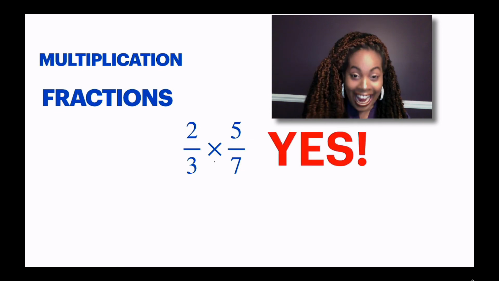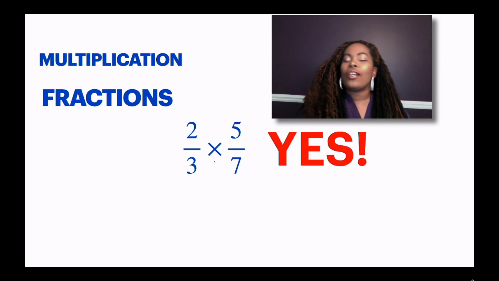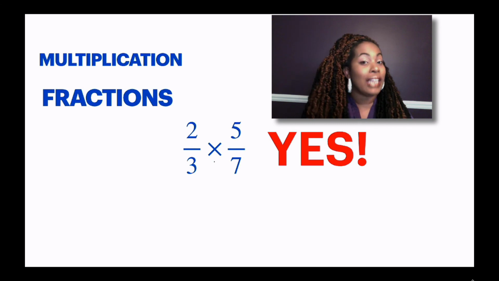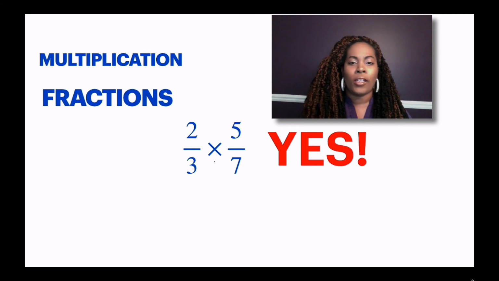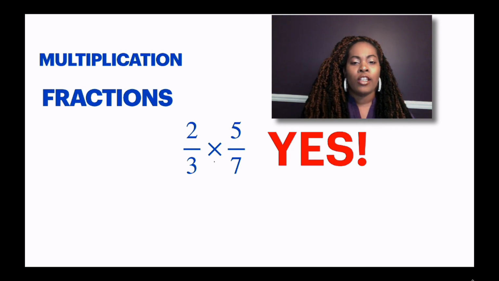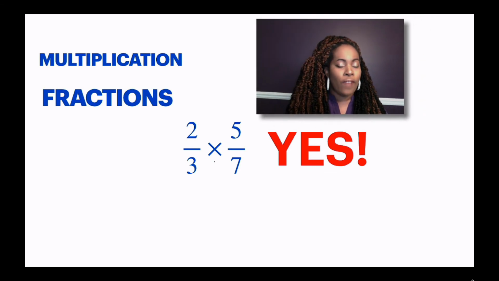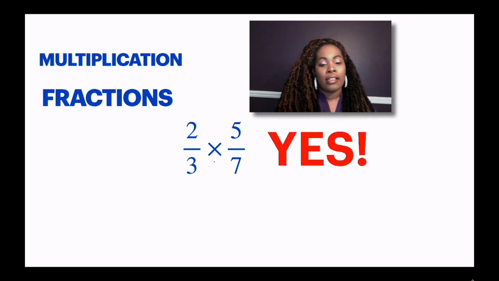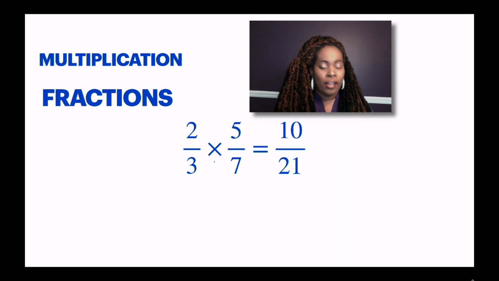Yes! You can! You can multiply thirds times sevenths because you can multiply anything times anything. So all we have to do to multiply fractions is multiply straight across. We know that 2 times 5 is 10 and 3 times 7 is 21. So we end up with 10 21sts. Boom! That was so nice.